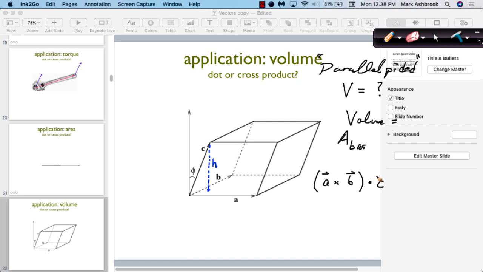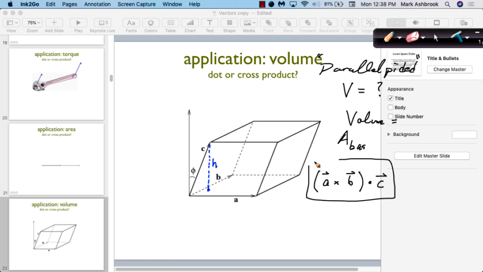Dot C. So this will be the product of these magnitudes, right? The magnitude of A cross B is the area of the base, and then only as much of C as is in the direction of H. That's exactly what we need.